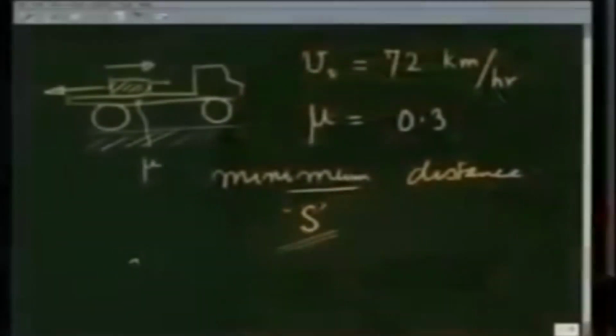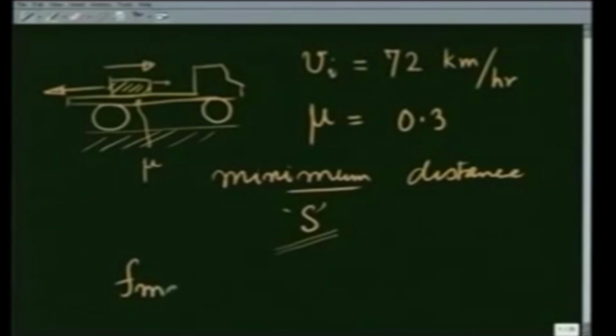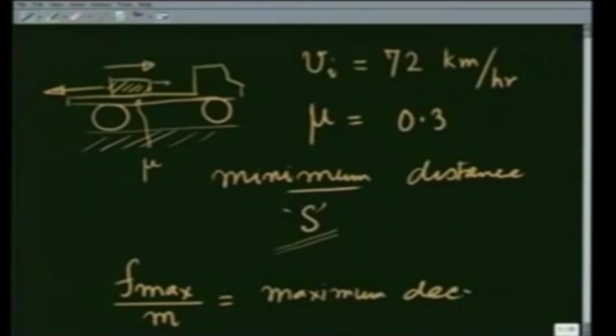So the maximum deceleration on the box that I can have is F max, the maximum friction, divided by the mass of the box, which is the maximum deceleration or negative acceleration. And it is this deceleration that the truck can also have. If it slows down faster than that, the box will start sliding. The friction will not be able to stop it.